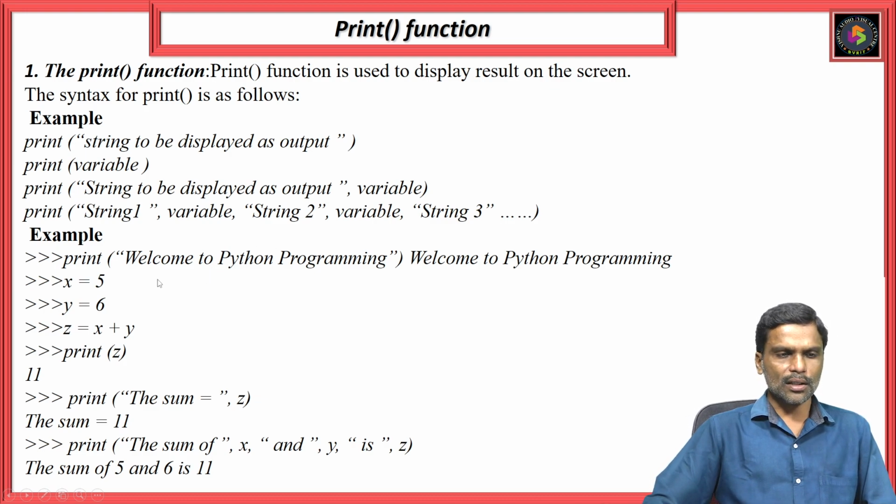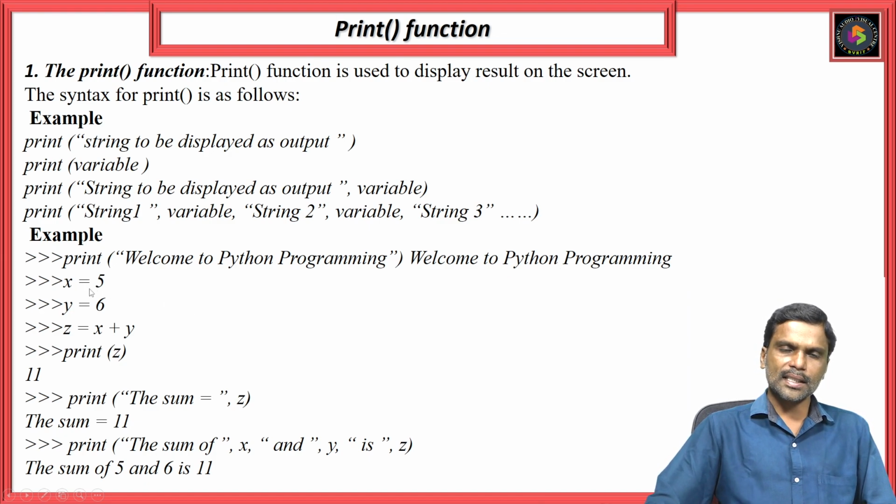See students, here you can see the example I have given: print welcome to Python programming. My output will be welcome to Python programming. Python programming is a single line string, so the output will be welcome to Python programming.